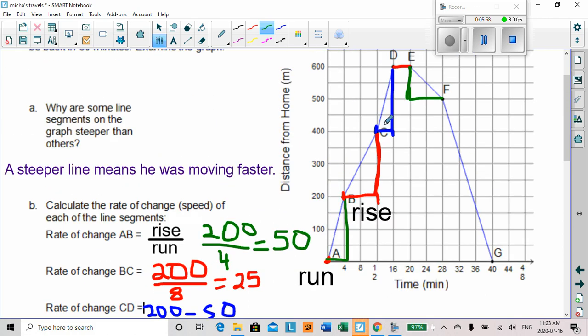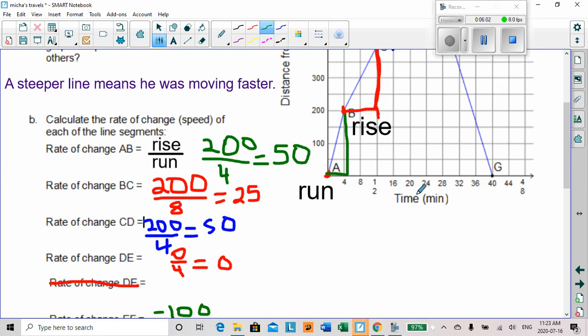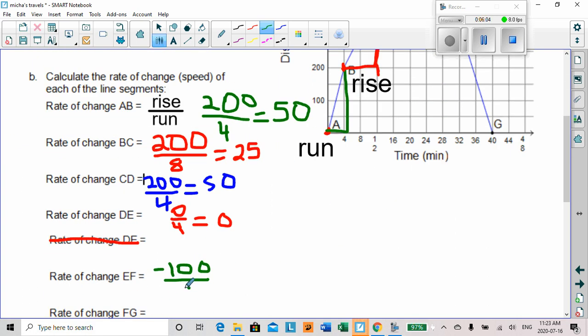And the run goes from 20 to 28. That's a run of 8. Now, when you take 100 and divide it by 8, you get 12.5. And because we want to show that this is a different direction, going back towards home, we make it a negative.